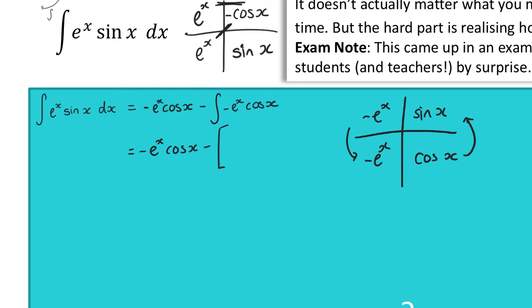Sine of x. Okay, so this equals, now remember we've got to put this up here, so we're going to have minus e to the x sine x, yeah? Minus the integral of minus e to the x sine x with respect to x. Okay? Happy with this? Yeah. Right, because we did this times this, brilliant.